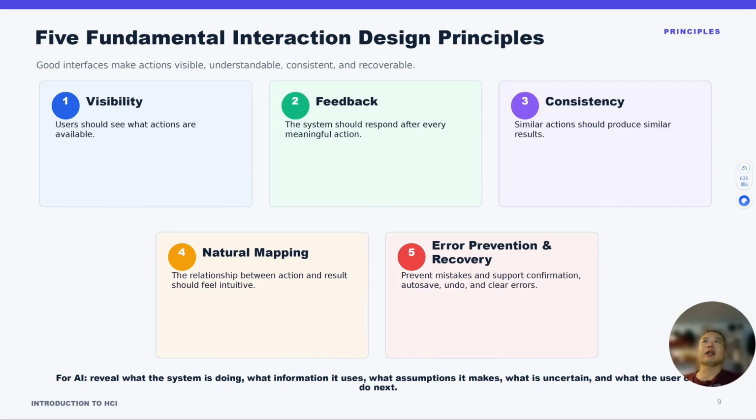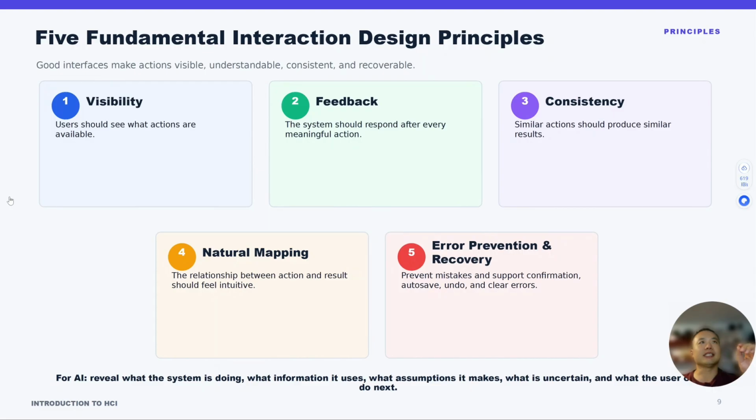Second, feedback. The system should respond after every meaningful action. For example, if you upload a file, the system will tell you the file upload is completed. If you press a button, the button will change color. That's very simple. And if you send a mail, after the mail is sent, you'll get a message from the mailbox.